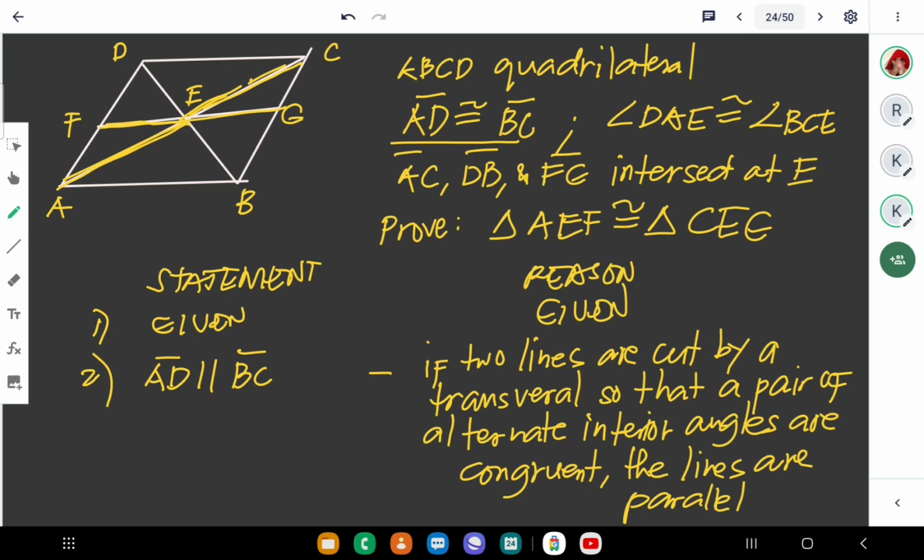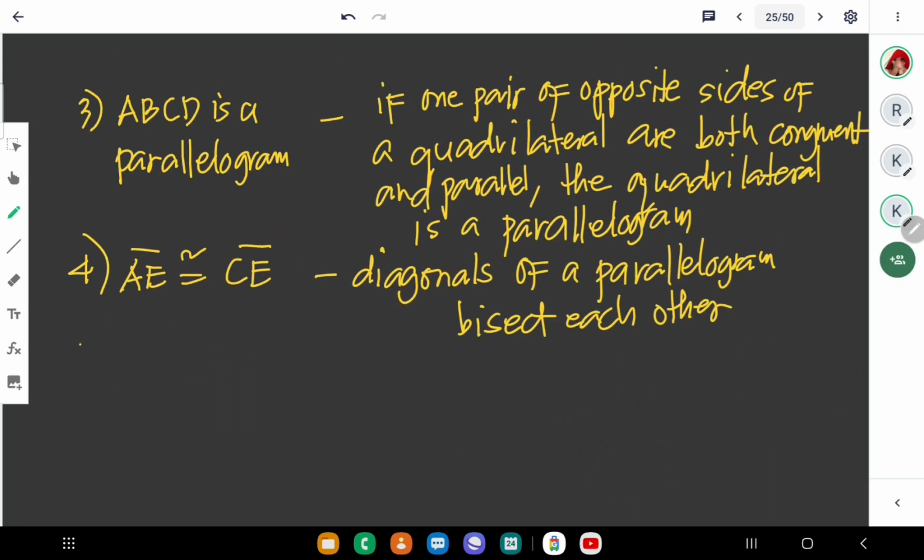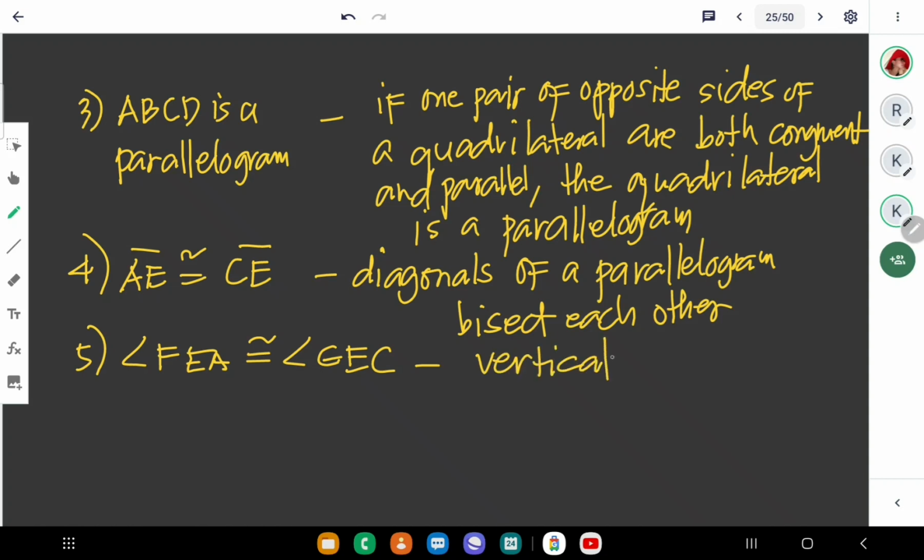Therefore, angle FEA is congruent to angle CEG. They are vertical angles.